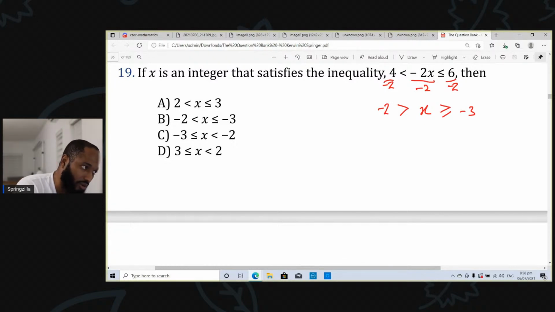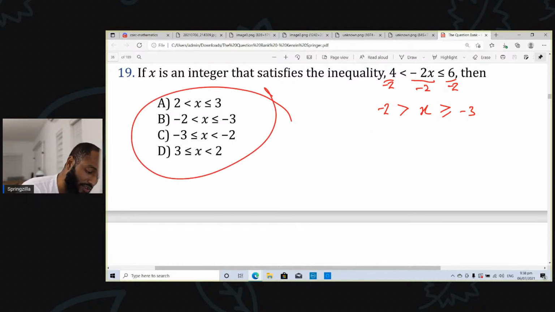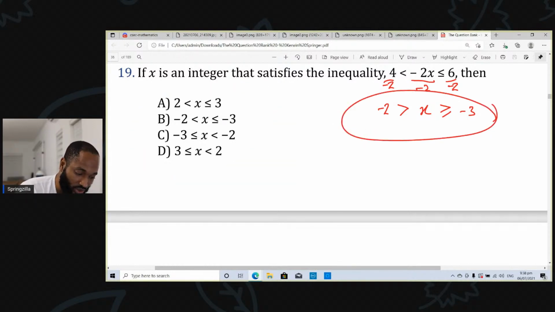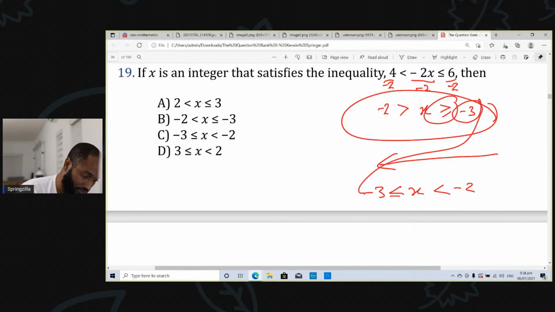Now if you swap everything and read it this way, -3, pointy side facing that way, do you understand what's happening there? Watch that carefully. Now we could say that the answer is not in the chat. The answer is there. Yes, it's C.